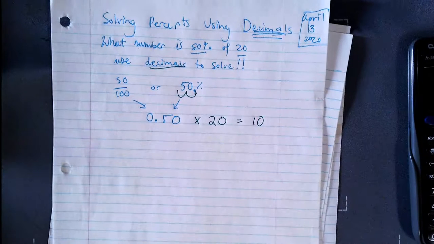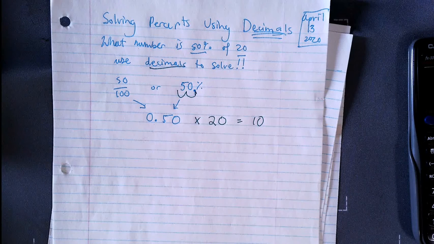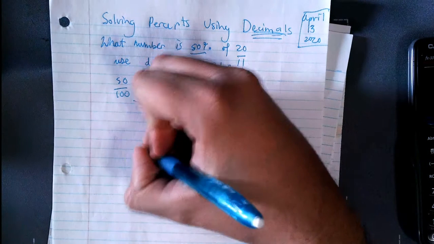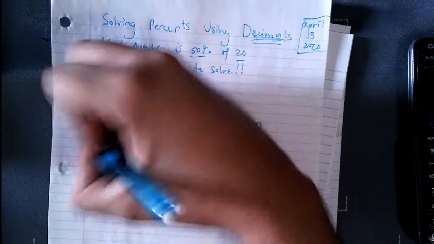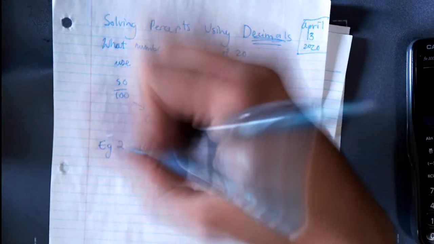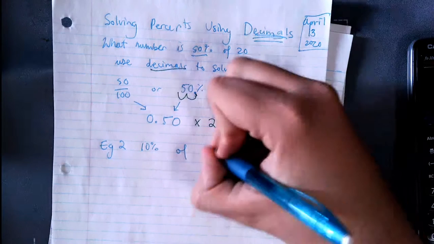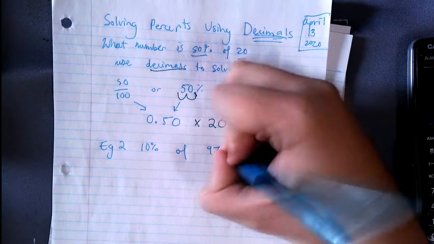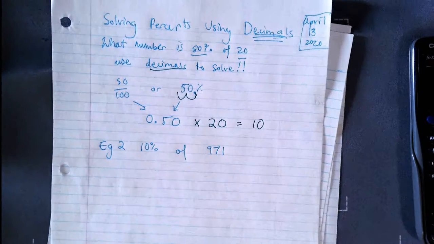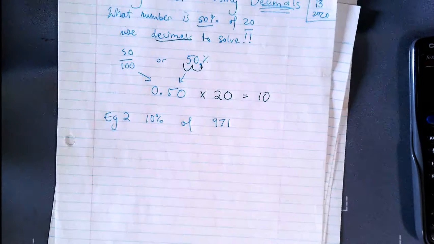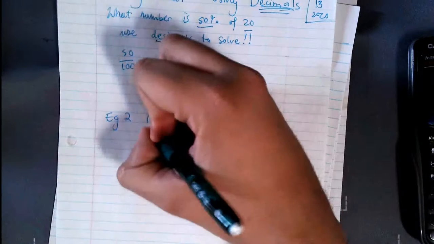Let's do another quick example. I won't pull from the questions that you have. You have 16 questions today. I'll just make up another one. Let's say 10% of, doesn't really matter, 971. I'll call this EG2. So 10% of 971, first thing we're going to do, turn this into a decimal in one of two ways.